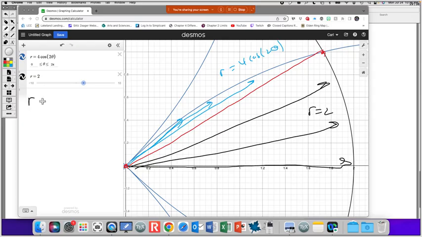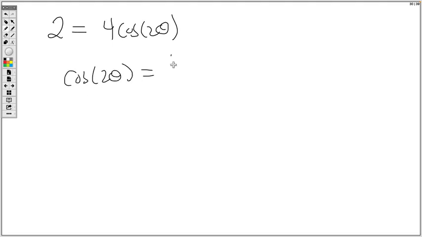So we need to know where these graphs intersect. And we saw on Friday that that can be a little dicey when it comes to polar coordinates. So we can start with what we normally do and just see if we get the answer we need here. We'll set the r's equal to each other. So I need to know where the cosine of 2 theta is a half.